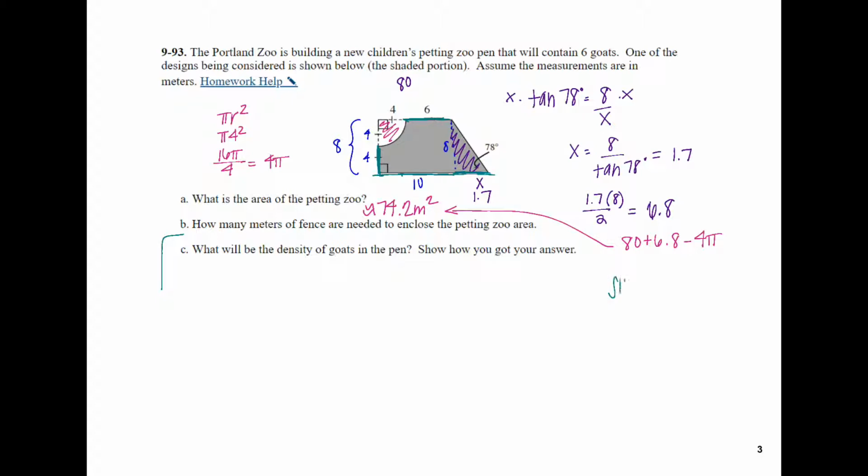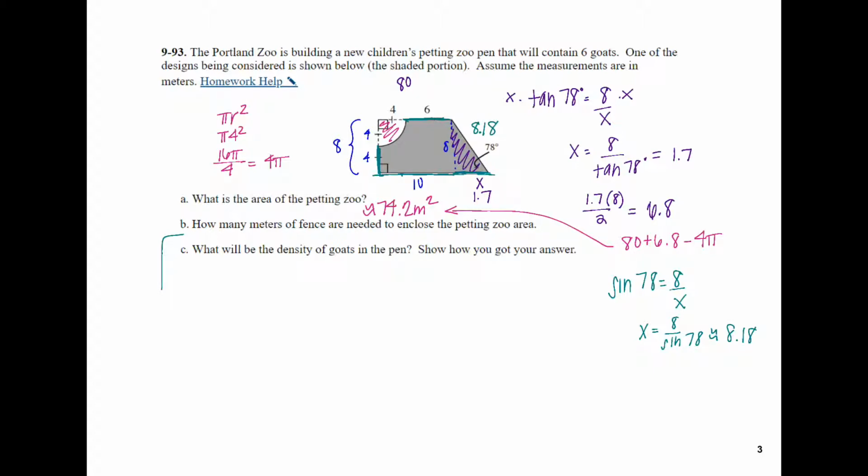So the sine of 78 degrees is equal to the opposite, which is 8 over our hypotenuse. Inverse trig function, so x is equal to 8 divided by the sine of 78, which gives us approximately 8.18.